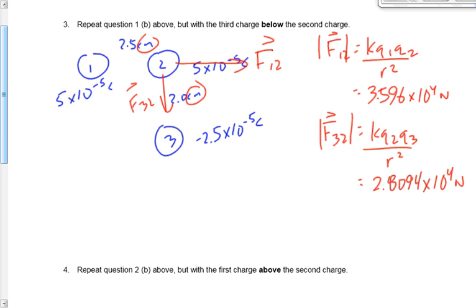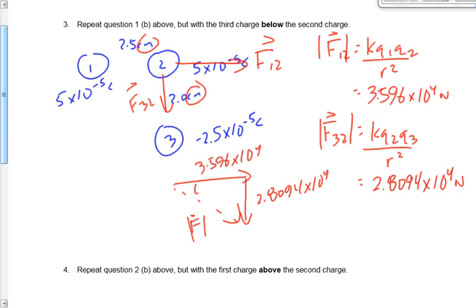We already have it. So we've got F12 to the right. Its value is 3.596 times 10 to the 4. We've got F32 downwards. That's 2.8094 times 10 to the 4. And we're going to find our resultant vector right there, our force right there. When we do that math, Devin, how are we going to find that force?